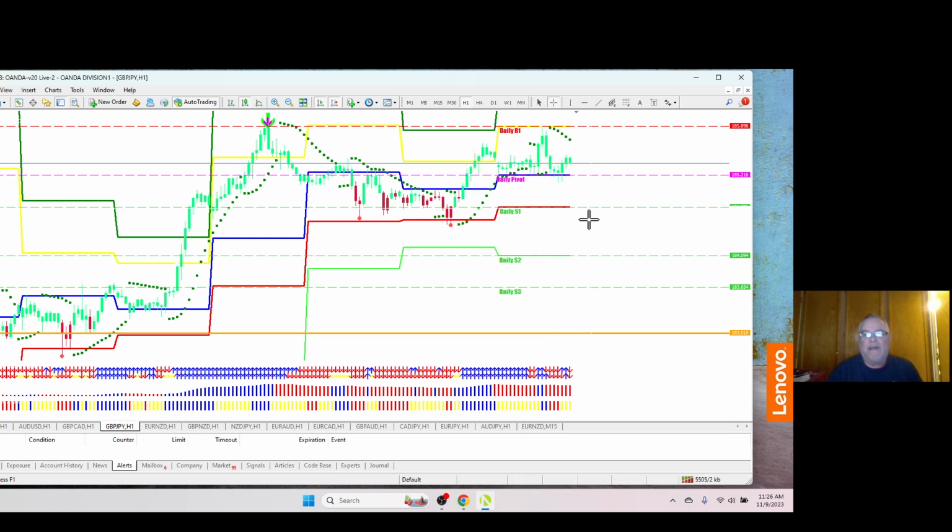If I could take that out, I'm expecting it to fill in this flush, which would be way down here, which would give me, let's see, about 150 pips. Yep, about 150 pips. So that's looking pretty good. I've got to keep an eye on that.